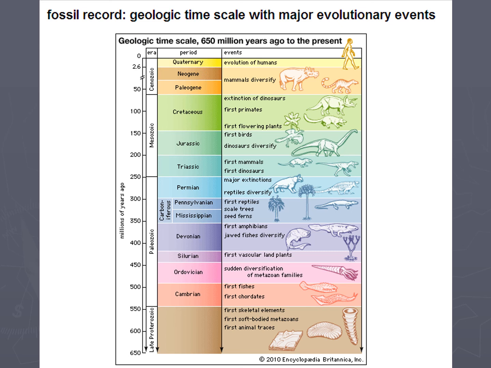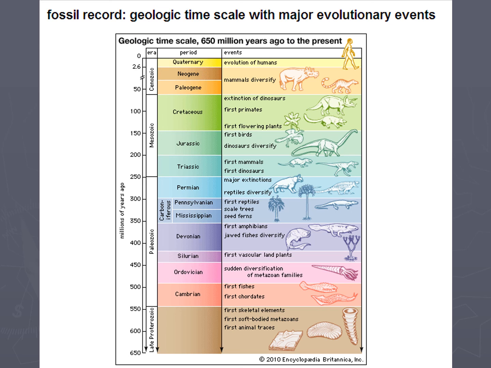Anyway, you have the Cambrian explosion, you start to get your first fish, your first chordates. The Devonian is kind of known as the age of fish, and you start to get a great diversity in fishes that have jaws. You get your first amphibians then. By the way, your first reptiles appear in the Pennsylvanian, which is part of your Carboniferous.